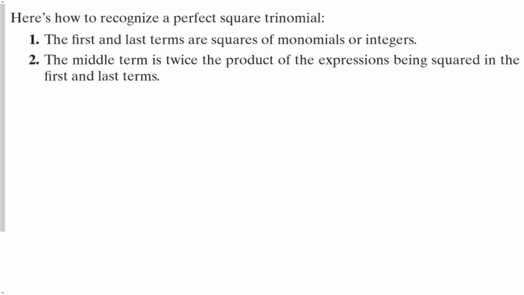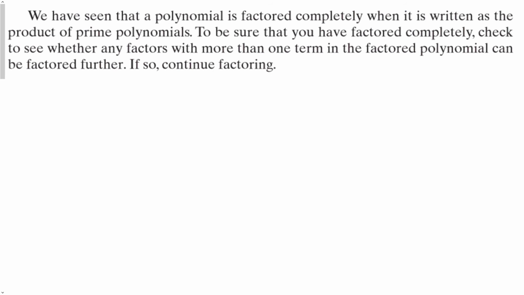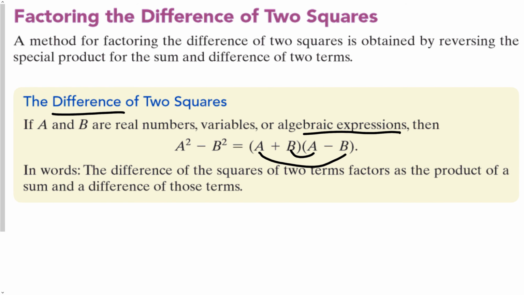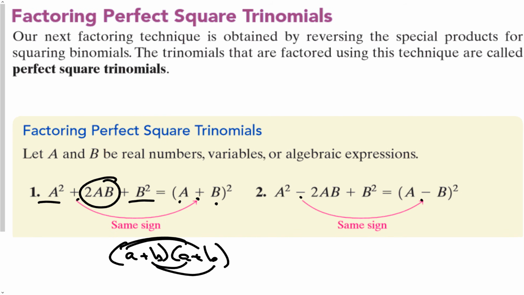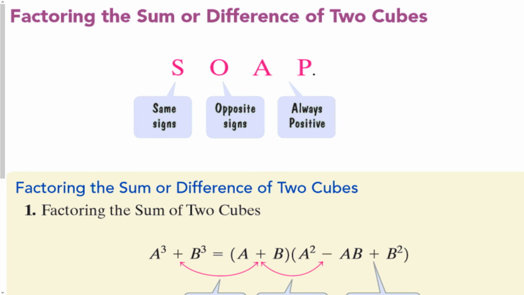Now, these two techniques, perfect square trinomials and the difference of two perfect squares, are pretty common and pretty well known. The next one is a little bit different. Okay, so this is going to be the sum or the difference of two perfect cubes.